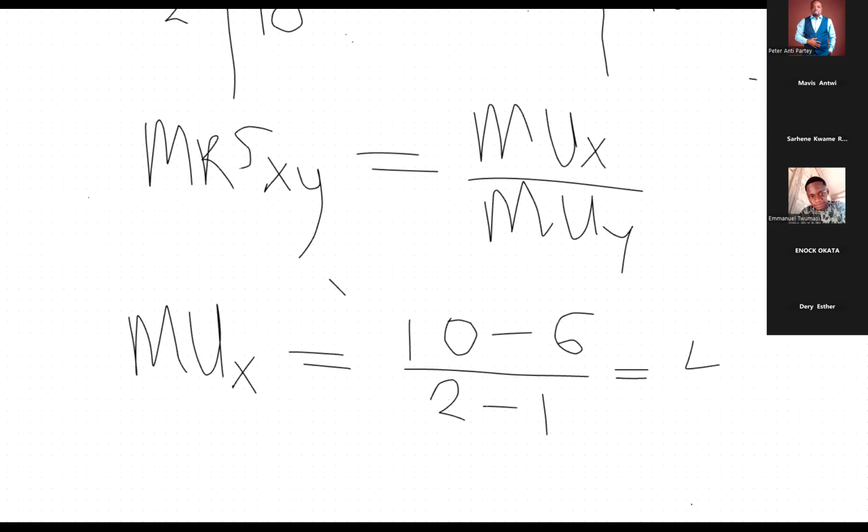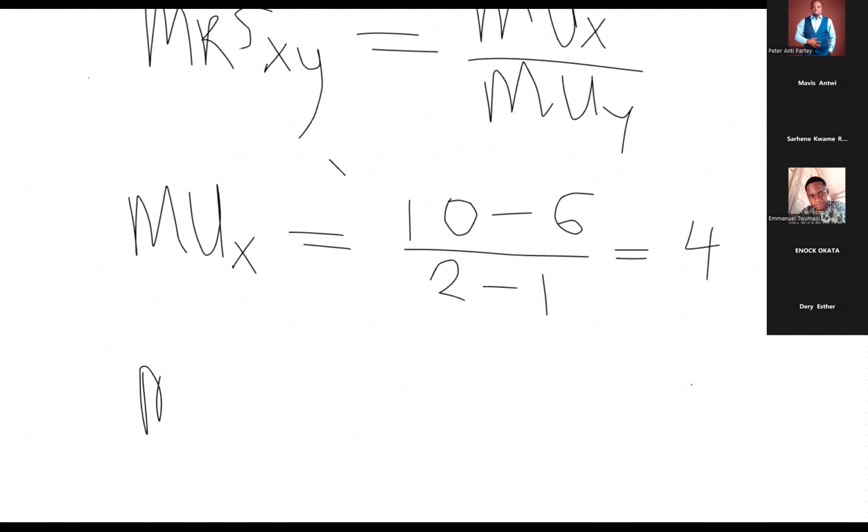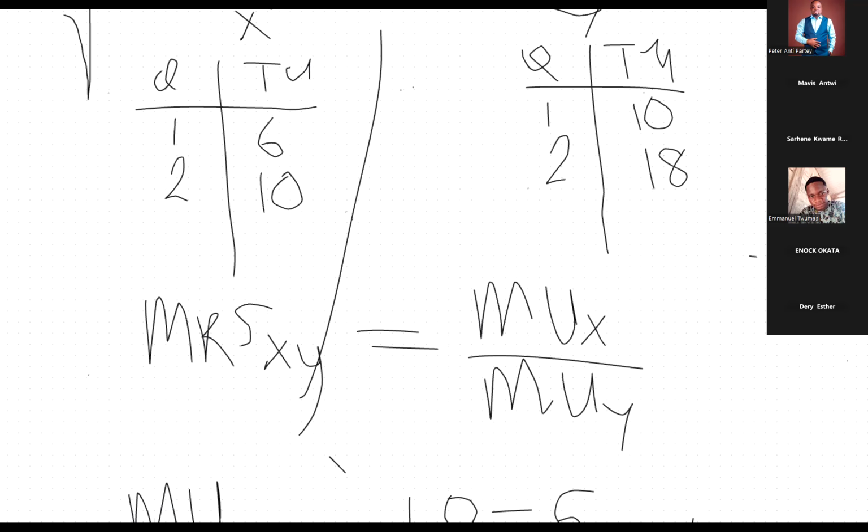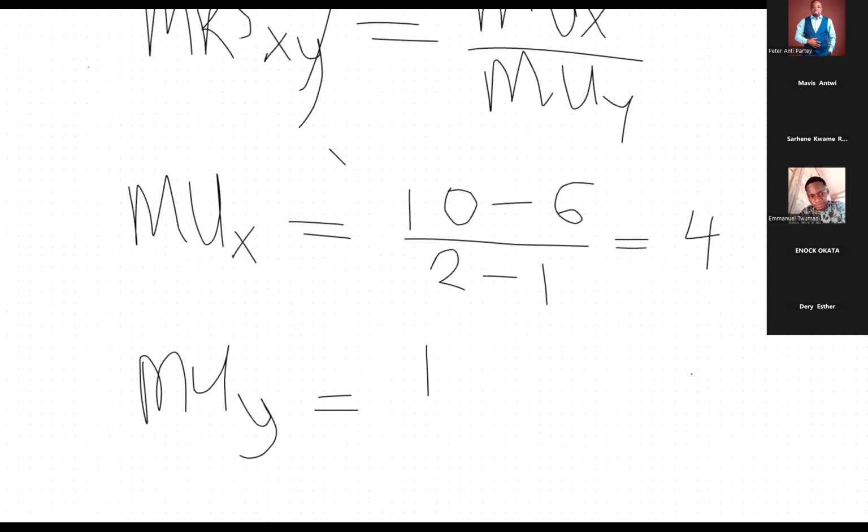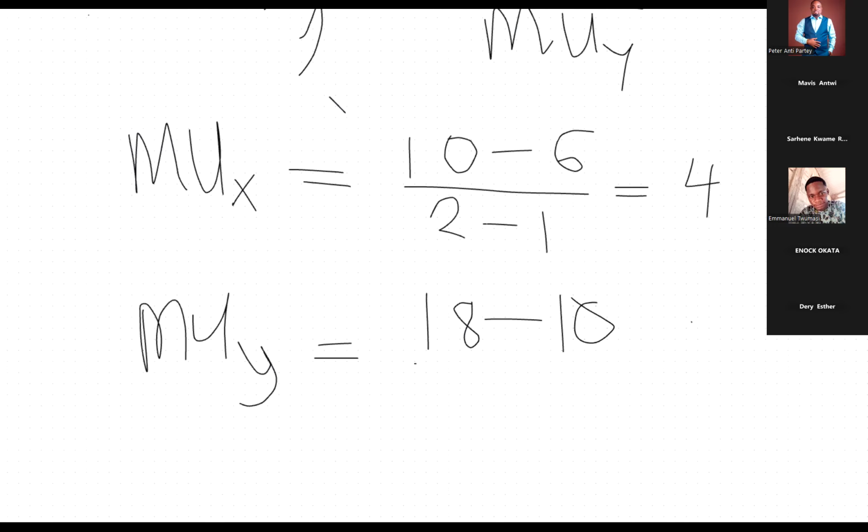And then we'll do mu of Y. That is 18 minus 10 over 2 take away 1. That is KG language, 2 take away 1. So that is 8 over 1, and that is the same as 8.